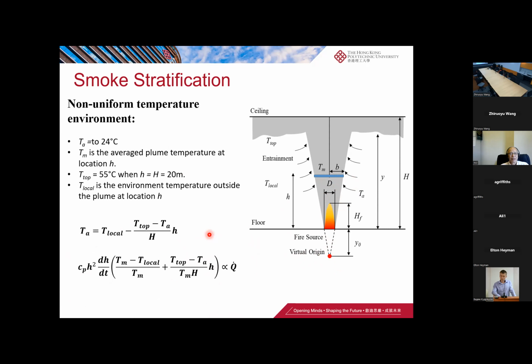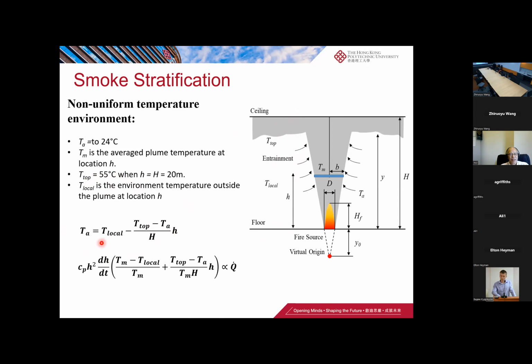Based on this, we have further developed it for our case, because we have a lower part temperature TA of 24 degrees C, and the ceiling or roof level temperature is 55 degrees C. Here we assume the temperature gradient, the variation of temperature against height, is constant. So this assumption easily comes out with this correlation.